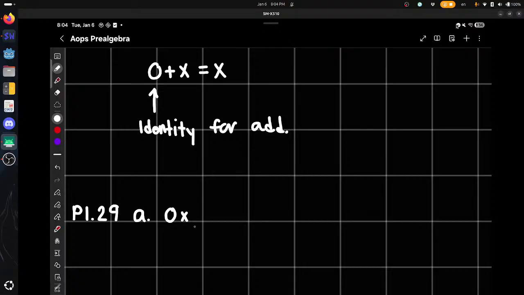Do they want us to somehow prove it? I think they just want us to know what is the product of 0 and any number. It's just 0.